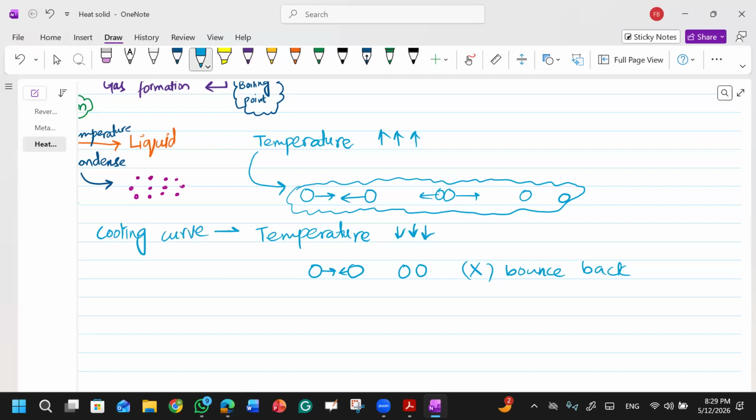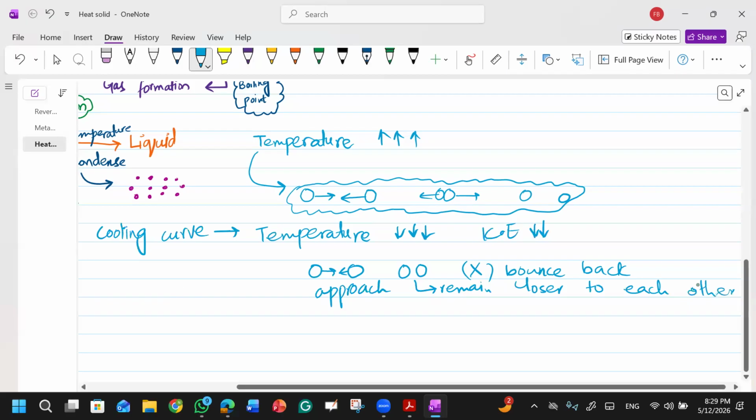Yes, in the cooling curve, the temperature is decreased, their kinetic energy is decreased, so they will not bounce back. When they approach each other, they will remain closer to each other, but not bounce apart, because they don't have enough energy to bounce back. They will remain in the same state.